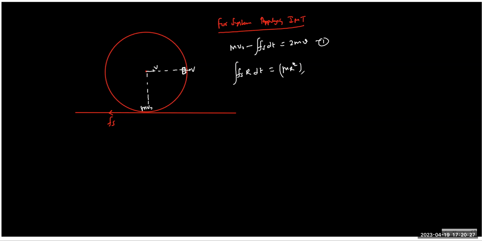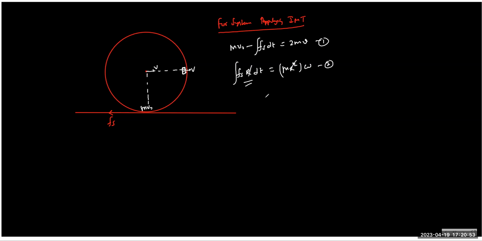What is the main definition about the system? About the center. So only the ring is rotating, no? So we apply this only for the ring actually, because the block won't have any rotational component. We can write MR square omega only. And then you can substitute.